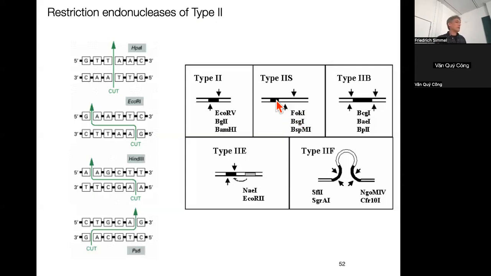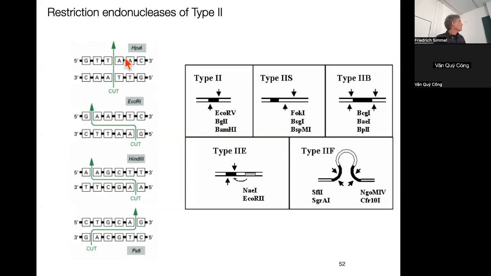The advantage of these enzymes is that they cut at a different position than the recognition site. This allows you to, in a sense, program the sticky ends that are generated, because the sequence that is cut is independent from the recognition sequence of the enzyme. So in principle, you can cut somewhere and it will be some freely chosen sequence.